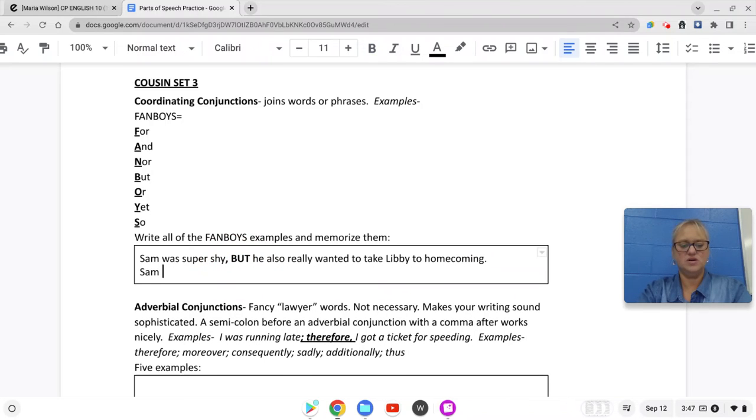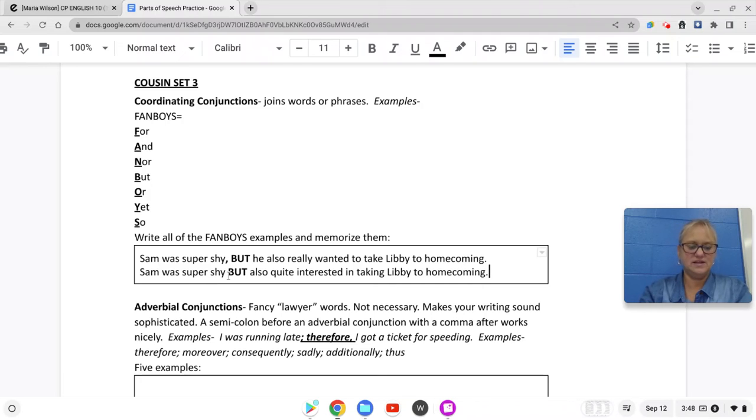So Sam was super shy. But let's see. I don't like the word very, so let's change it to quite interested in taking Libby to homecoming.